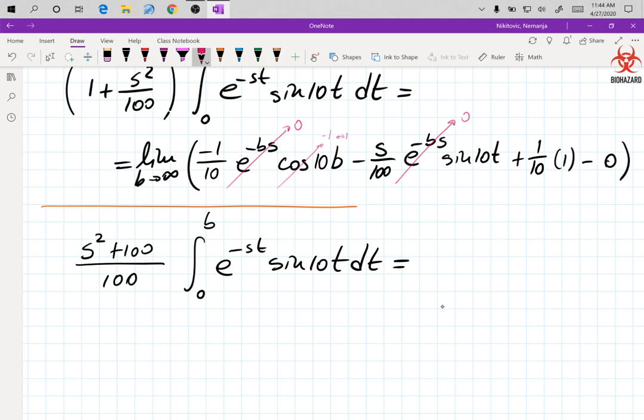If the limit is going to infinity, they oscillate between negative 1 and 1. They're bounded, right? So 0 times whatever value you pick between negative 1 and 1 is going to drop all of those to 0. So this is all equal to 1 over 10.